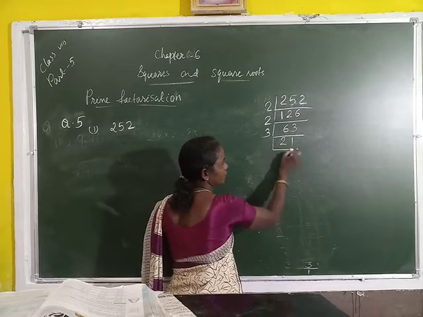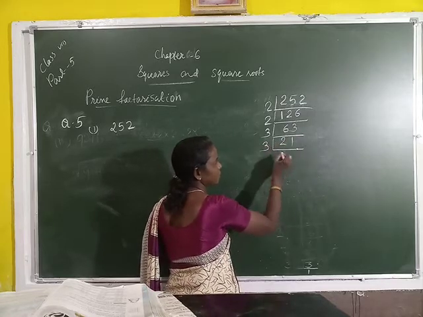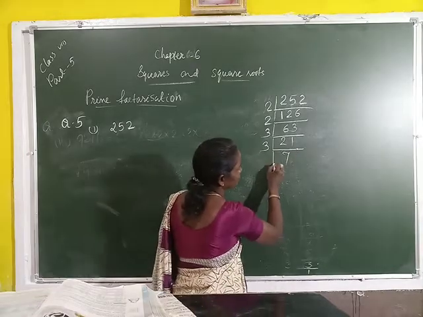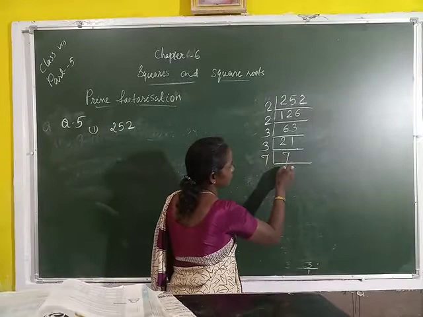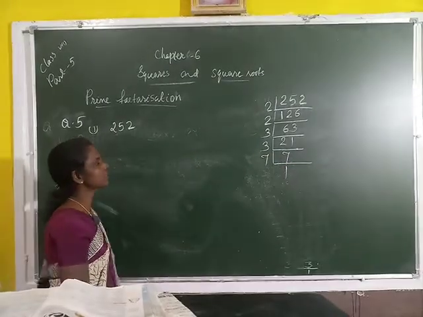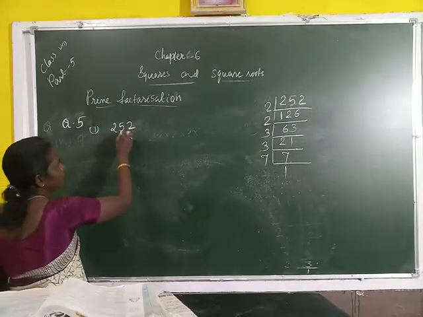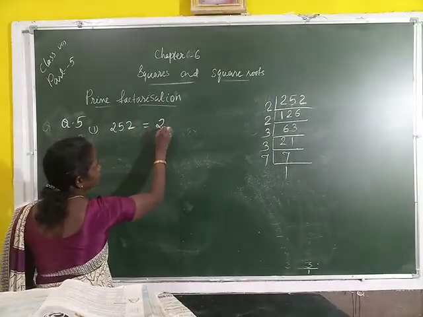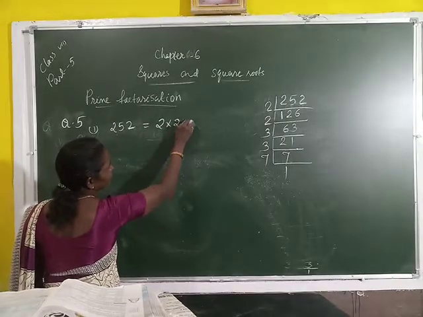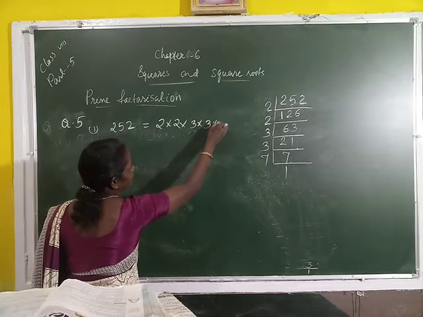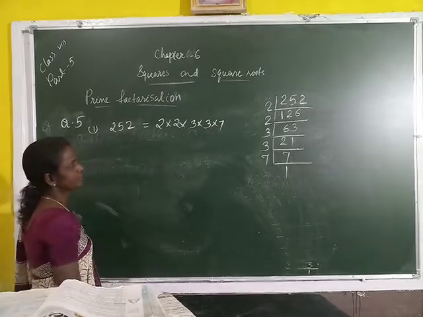Then this number is again divided by 3, then 7. Then 7. Then prime factorization is completed. Right? So we can write 252 is equal to 2 into 2 into 3 into 3 into 7.